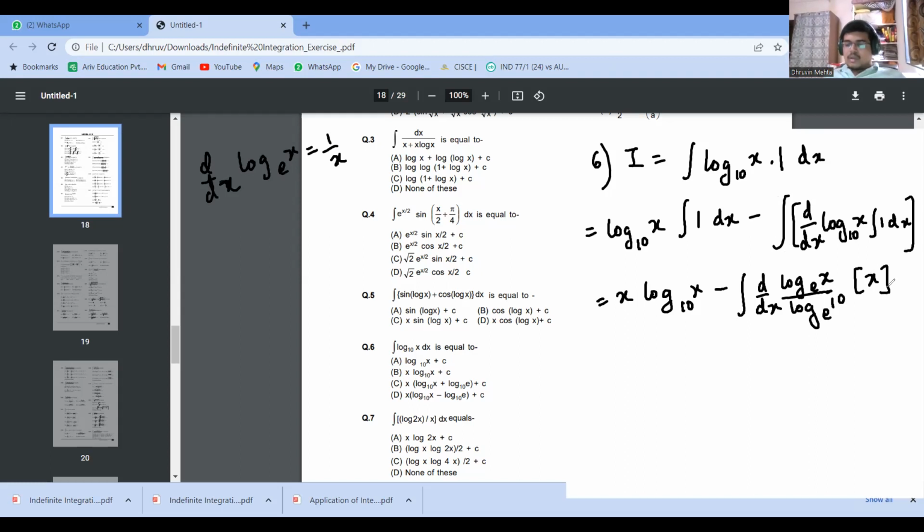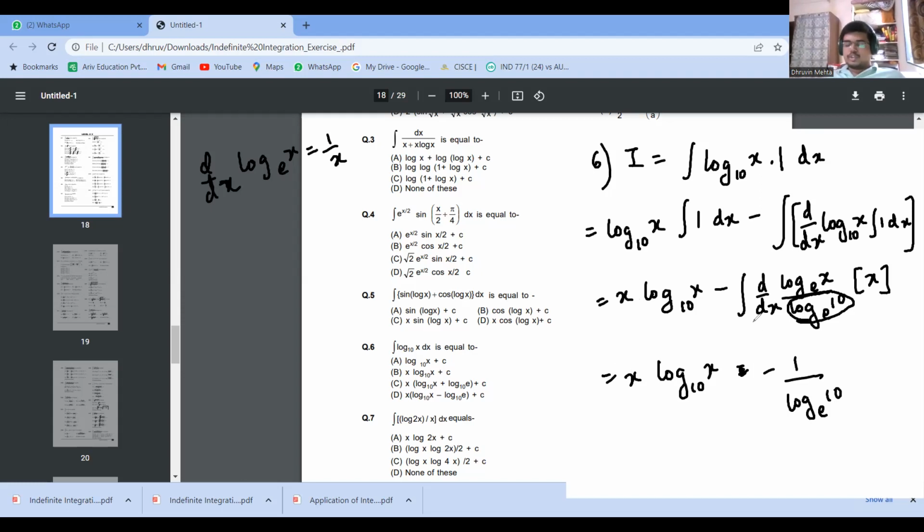Now this is a constant, guys. So we will keep it outside. And now complete this. Now tell me the answer. 1 by x into log 10. So this will be x log of x to the base 10 minus 1 by log of 10 to the base e.